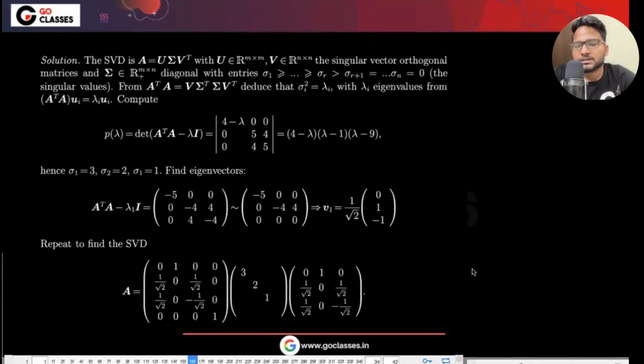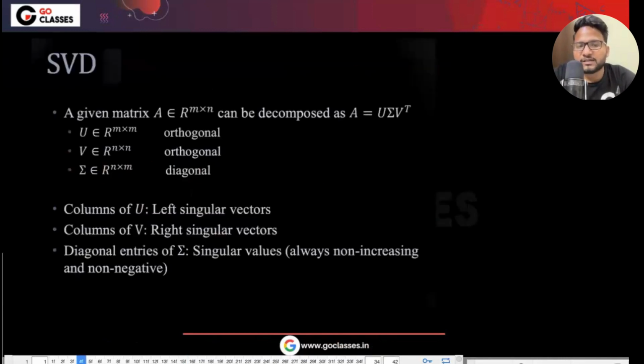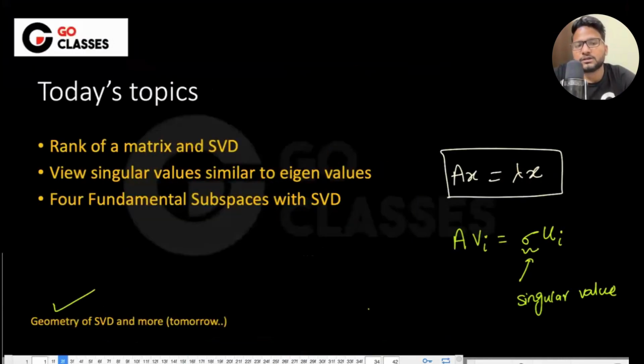Now let's see some more interesting things in SVD. What are those specifically interesting things? Let me tell you. These are: how to find the rank of a matrix using SVD, how to view these singular values as eigenvalues, and what is the relationship between the four fundamental subspaces and the SVD.